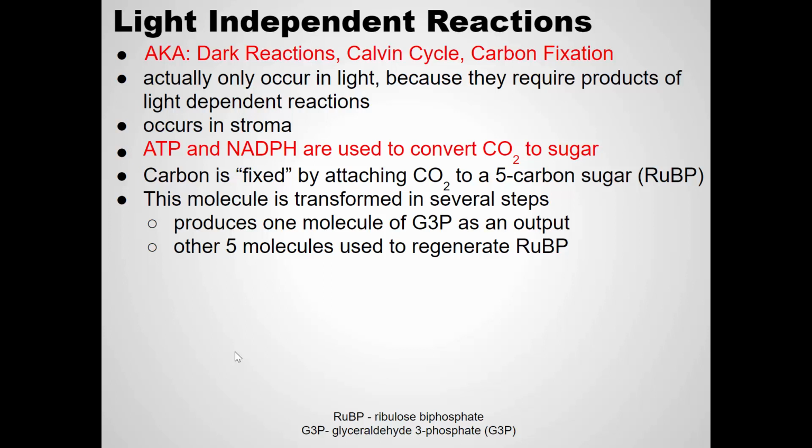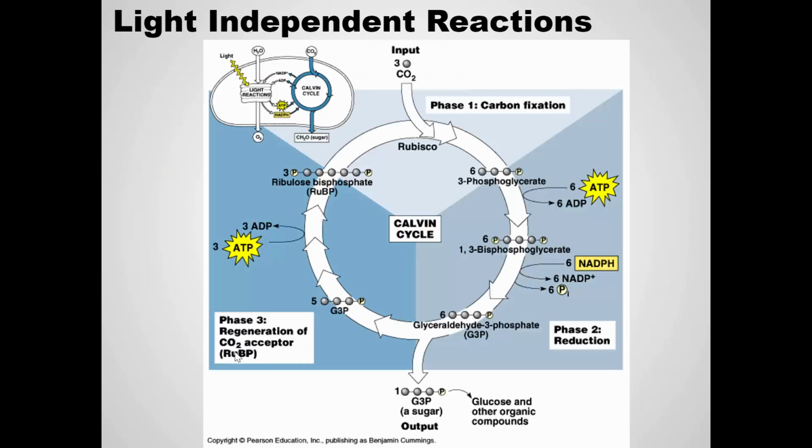So that carbon is fixed. It's sort of taken and turned into a form that's storing more energy. And the result is one molecule of something called G3P, glyceraldehyde 3-phosphate. It's going to be turned into glucose eventually, or maybe another carbohydrate.